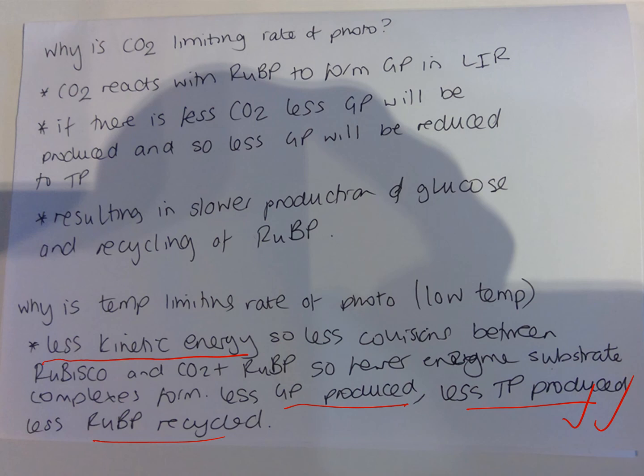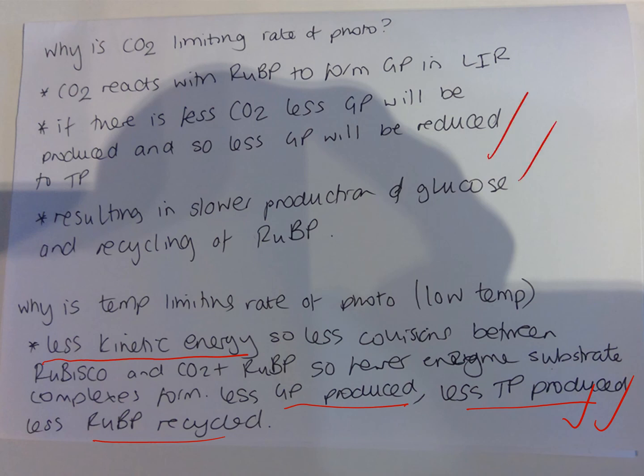So again, they've not just said it's a substrate and substrates limit the rate of reaction. They have gone into detail about how the reactions will be limited and what products would be reduced. The only thing that you might want to add is the idea that it is a substrate, which might be there in the mark scheme as well. But I think there's enough there to get you 2 marks.